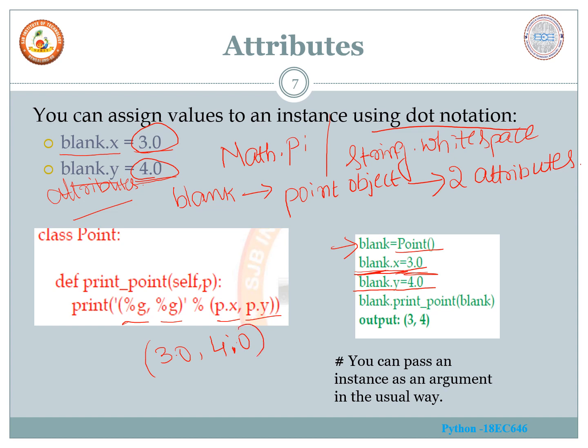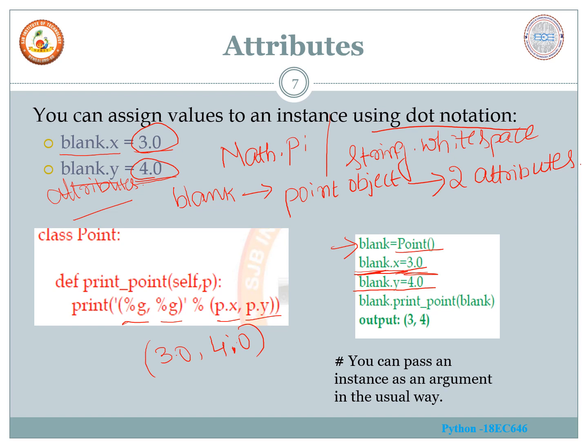Fine. So let us talk about the next concept. Here we can also pass an instance as an argument. Normally, in the usual way we pass an argument, you can pass an instance as an argument.